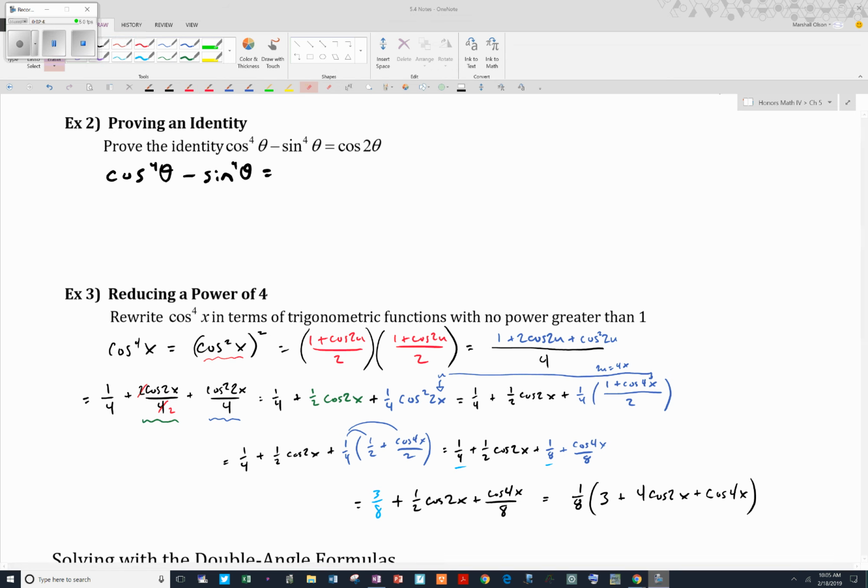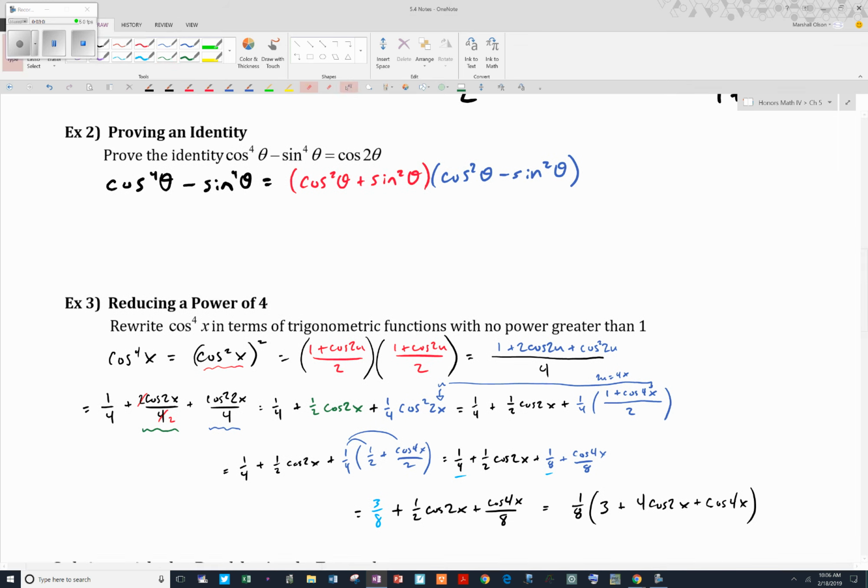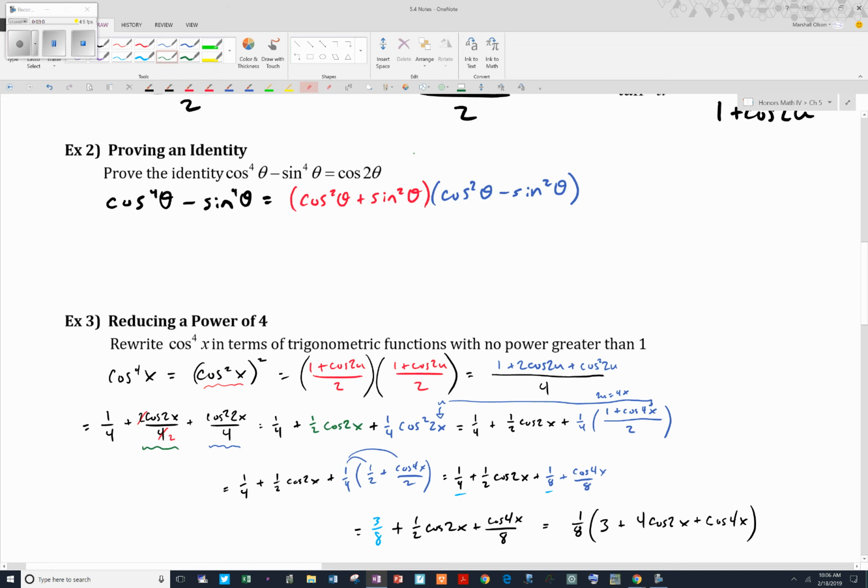So I can factor that into cosine squared plus sine squared, I'm going to go to the addition first, times cosine squared minus sine squared. It's literally just like factoring something like a to the fourth minus b to the fourth. You're making that a squared plus b squared, a squared minus b squared. It's exactly what we've done.